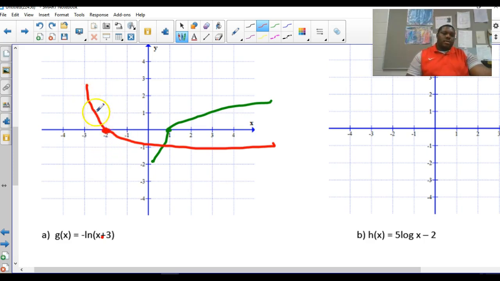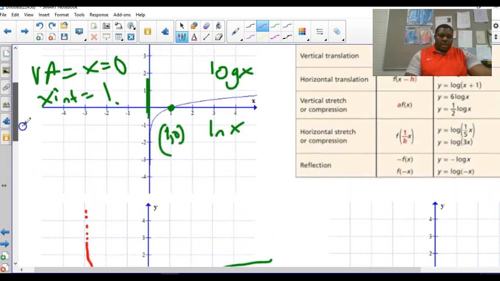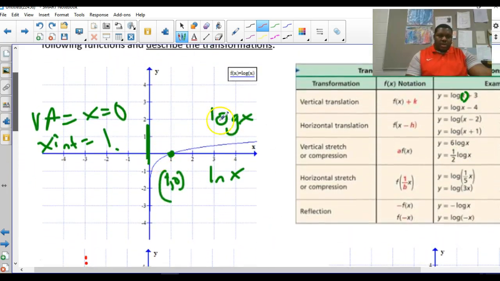Now, let's identify the vertical asymptote. I know this is the vertical asymptote because, just like the horizontal asymptote with exponential, this right here tells me where my vertical asymptote is. For the parent function, log of x, it doesn't say plus a number in the parentheses, so we go plus 0.